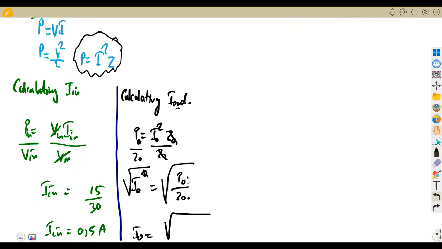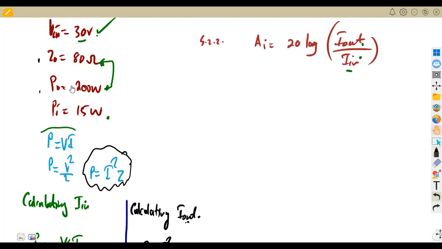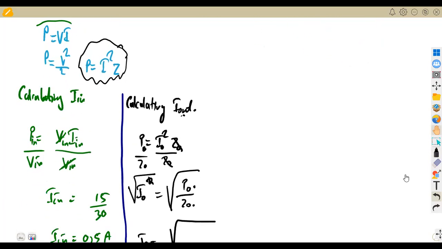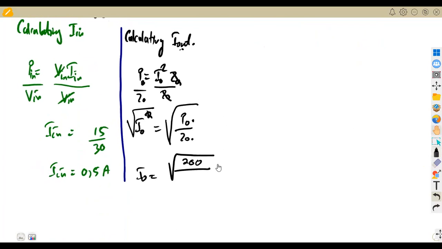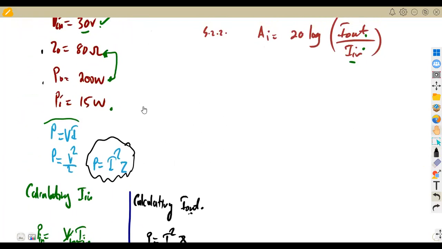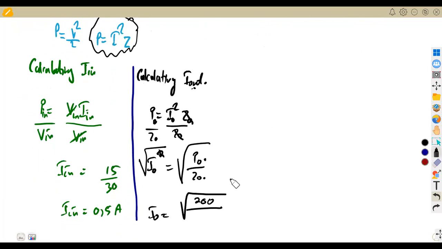The power at the output is 200, and the output impedance is 80. So that will be 200 over 80, with everything under the square root. The square root affects each and every part here.